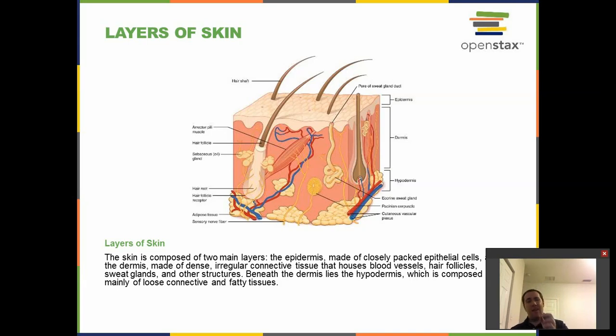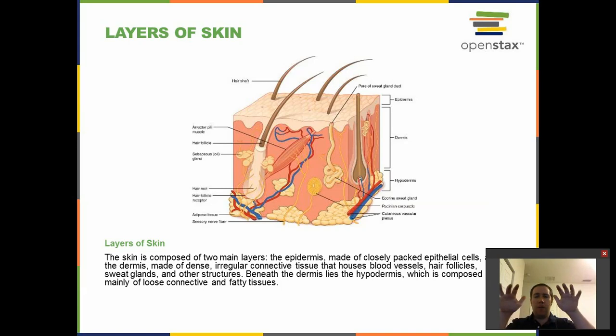Which means the epidermis gets very little blood flow, because the only nutrients that can get up to the epidermis is blood that leaks out of the blood vessels here in the dermis and then works its way up. That is the large reason why as you go up the epidermis, the cells die.